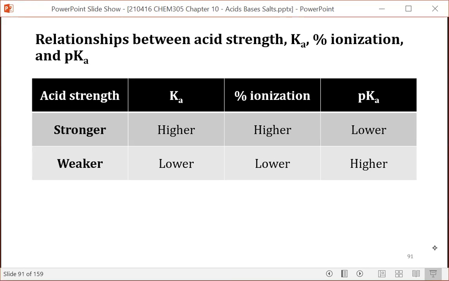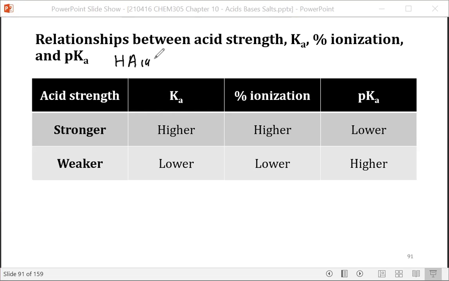So how does this relate to Ka, which we've already talked about, and percent ionization and acid strength? So for stronger acids, we have higher Ka values, meaning that more of the acid ionizes when it's put in water. Let's write out our general acid equation.